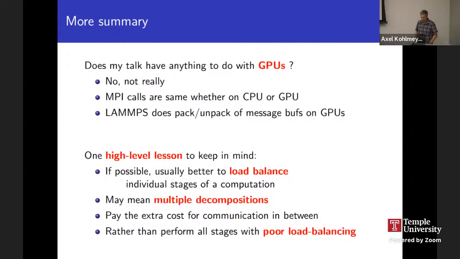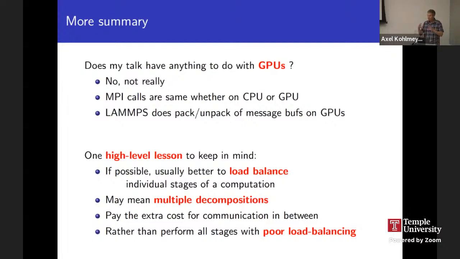One last high-level lesson to keep in mind, a lesson I've learned from working on various simulation codes, is that if possible, it's usually better to try to load balance individual computations, either within the same simulation or maybe computations within a multi-physics or multi-scale computation, to balance each stage.